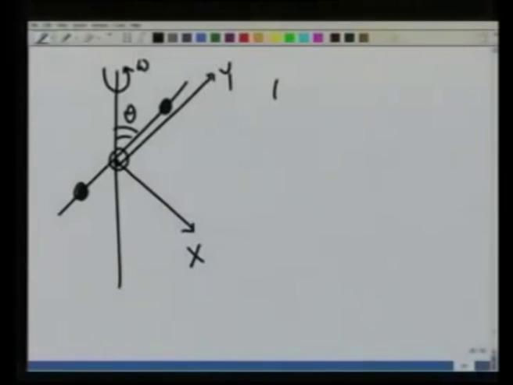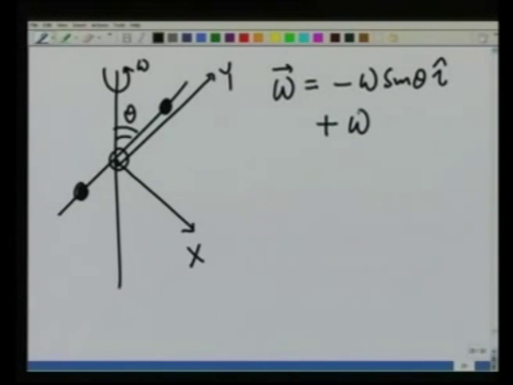Now, at this given position, you will see that omega has two components, one along the negative x axis for the body, which is minus omega sin theta i, where i represents the direction of the principal axis x, plus omega cosine theta j, and there is no z component.